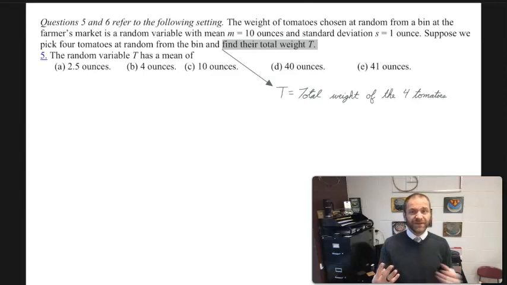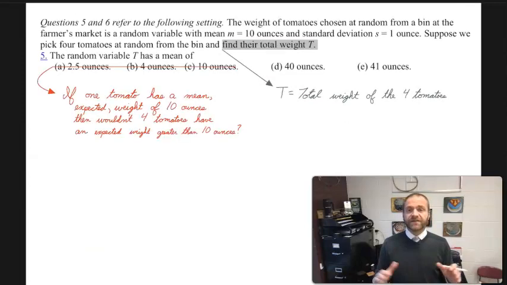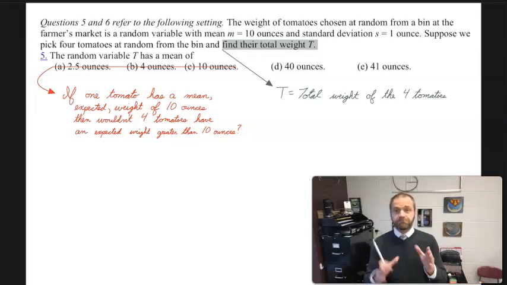I bet it's going to be more than 10. So I'm just going to cross out A, B, and C. Because if 1 tomato has an expected weight of 10 ounces, 4 tomatoes are probably going to be bigger than 10 ounces. So I can eliminate A, B, and C.